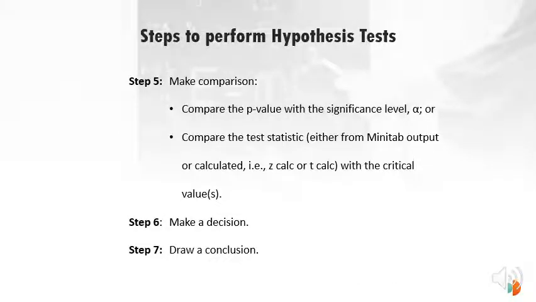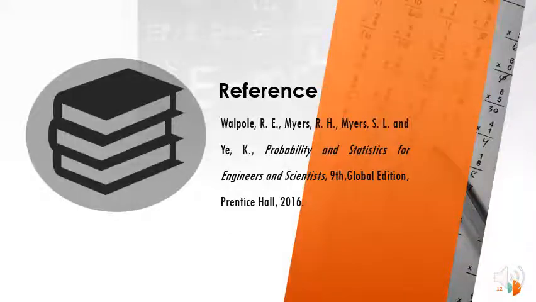We either compare the p-value with the significance level alpha, or we compare the test statistic, either from the Minitab output or the calculated value, with the critical value. Step 6, this is where we're going to make our decision. And lastly, step 7, we draw the conclusion. As a conclusion, this is the whole overview of what is involved in hypothesis testing.